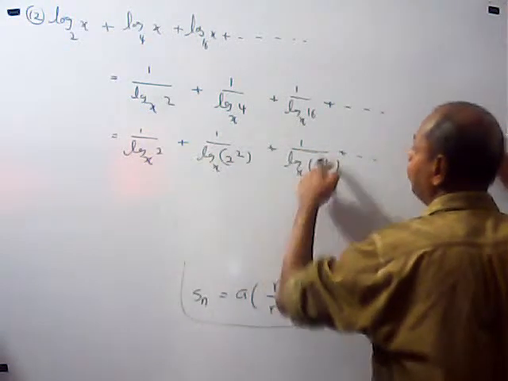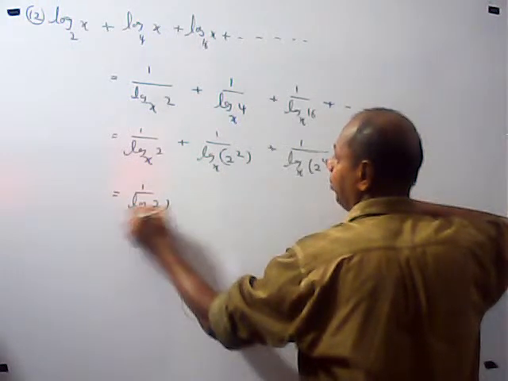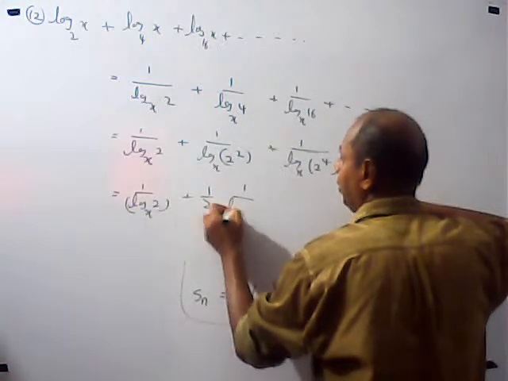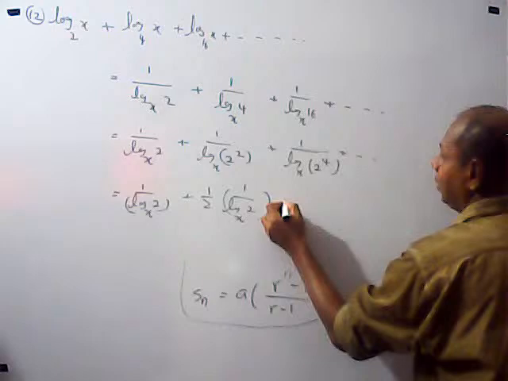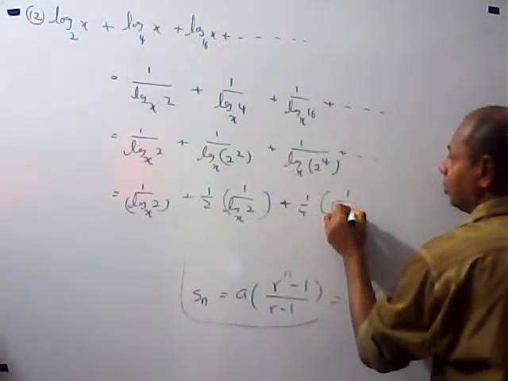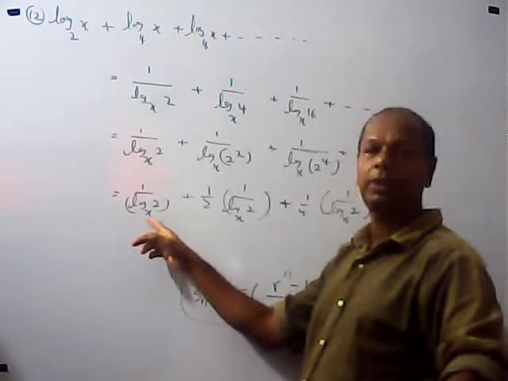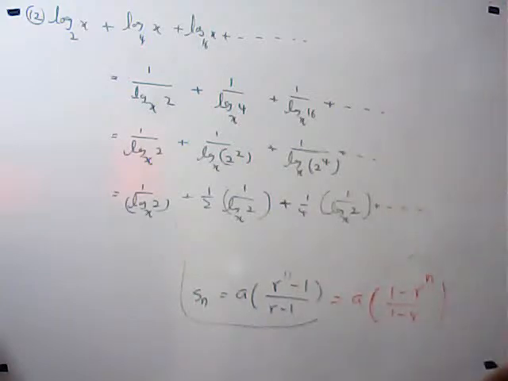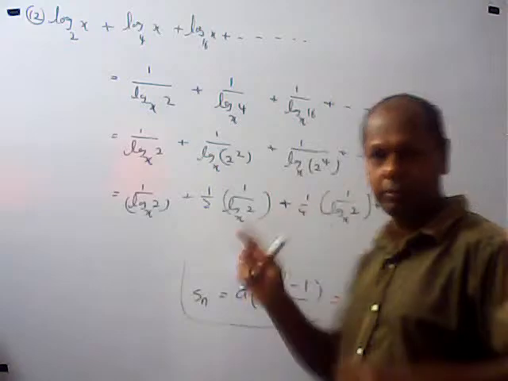The 2 can be taken out, making it half, 1 over log x of 2. This will make it 1 over 4, 1 over log base x of 2, and so on. If you want, you can take it back to the normal log. 1/2, 1 over 4. It looks like that.